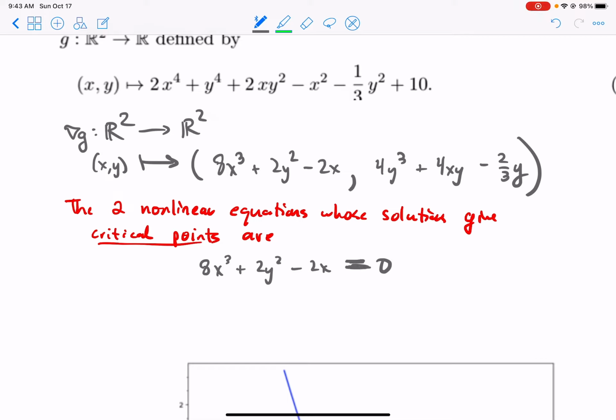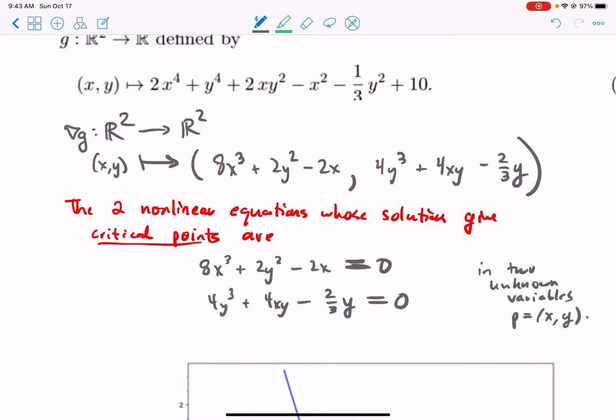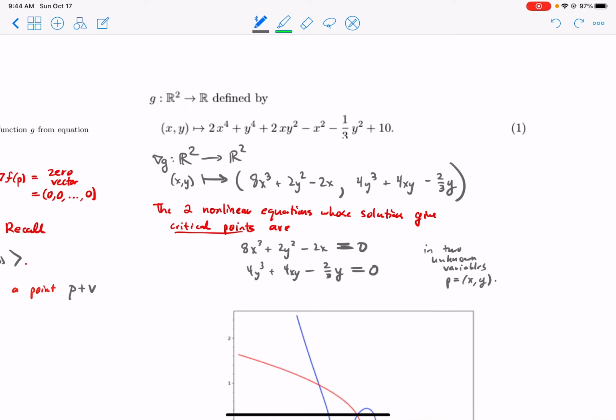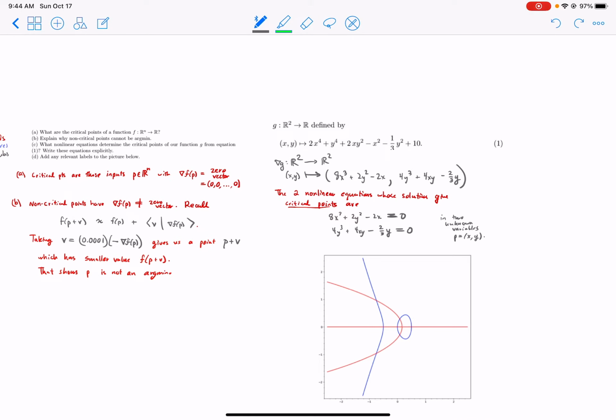We force this to be true. And we force 4y to the third plus 4xy minus 2/3 y equals 0. So these are two nonlinear equations in two unknown variables, namely the variables describing our point P. We'd like to find those critical points P, so we need to solve this system of two equations. Okay, write these equations explicitly.